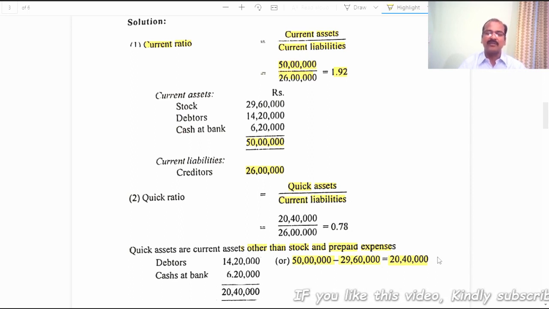That is the value of quick assets. Or you can directly calculate by adding debtor and cash at bank, you get the total of 20 lakh 40,000. So 20 lakh 40,000 divided by 26 lakhs quick liability is equal to 0.78 times. This is also a bit lesser than the ideal quick ratio of 1.